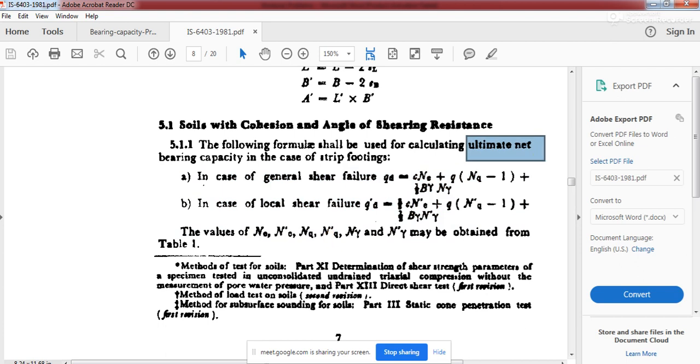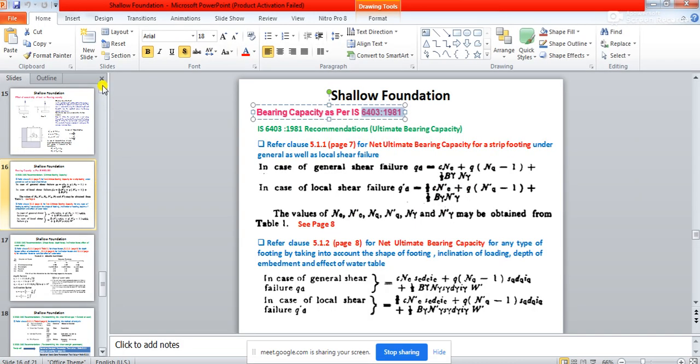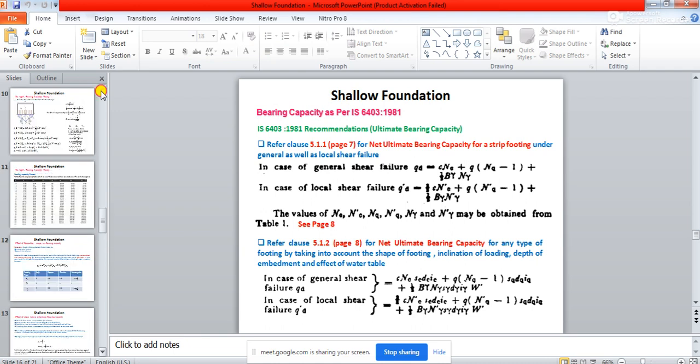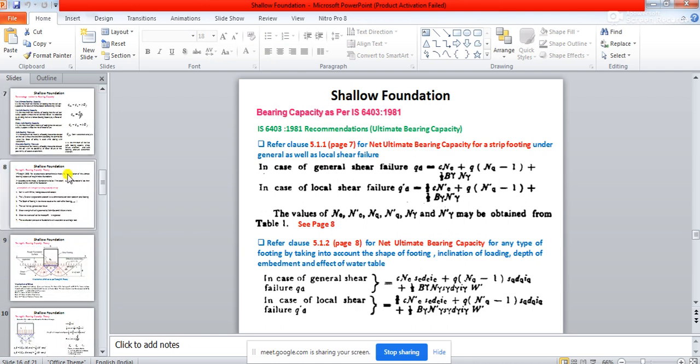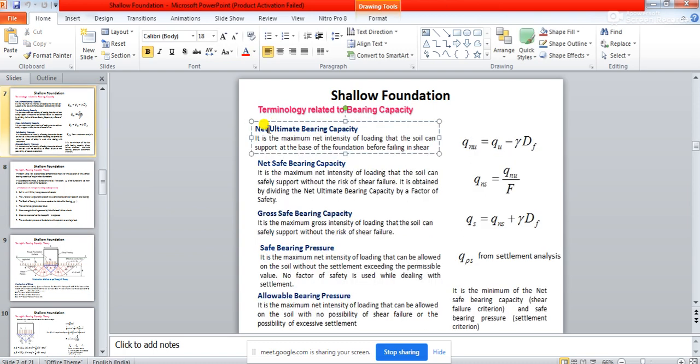If you go back to the definition of net ultimate bearing capacity, we defined it as qnu, and qnu is nothing but qu, the ultimate bearing capacity, minus gamma into Df.